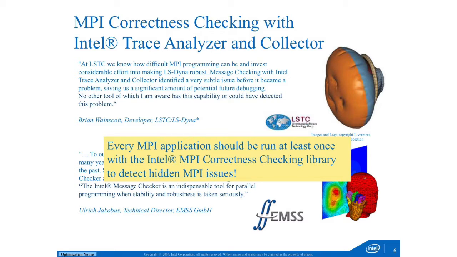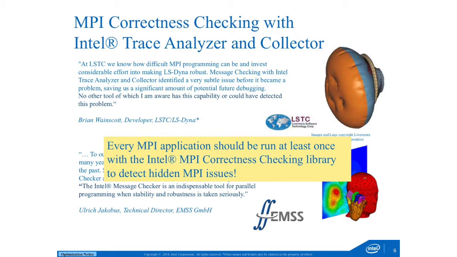And here are two customer statements. Frankly, they are quite old, but nevertheless they are still important. So here, people from LS-DYNA found a long-lasting error that they never thought about before.